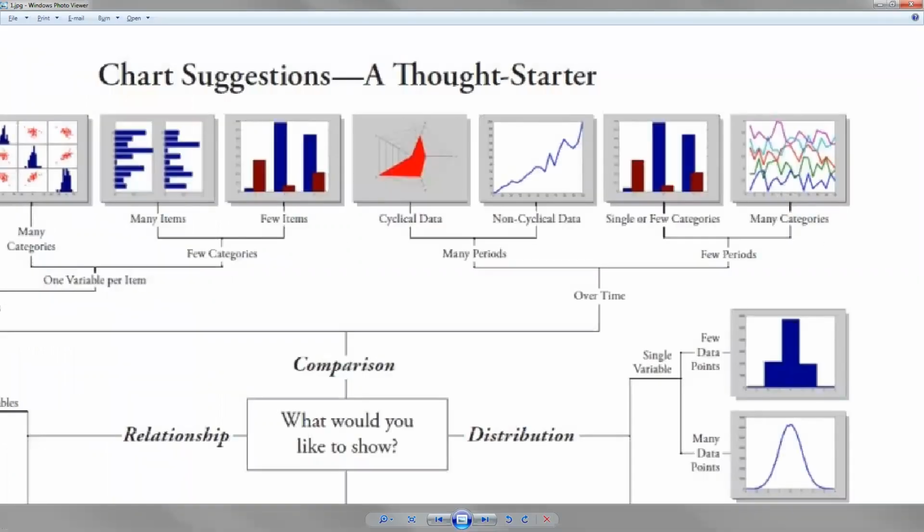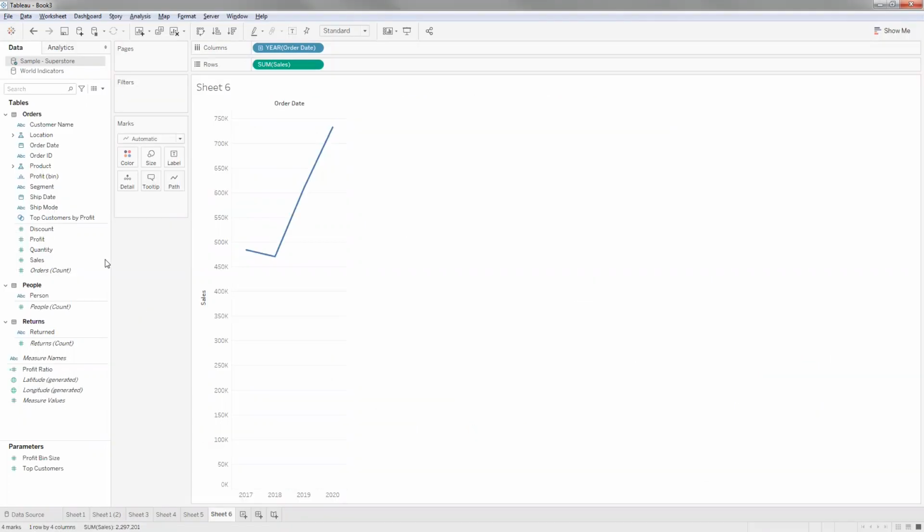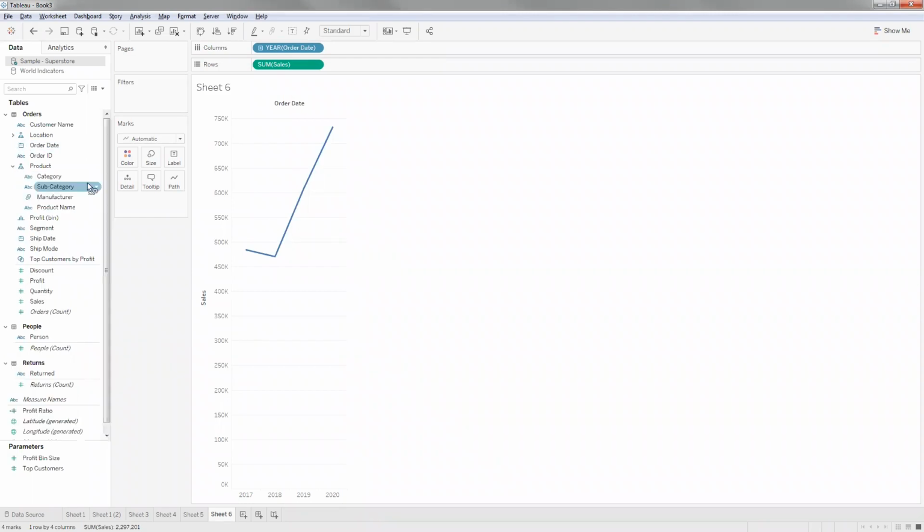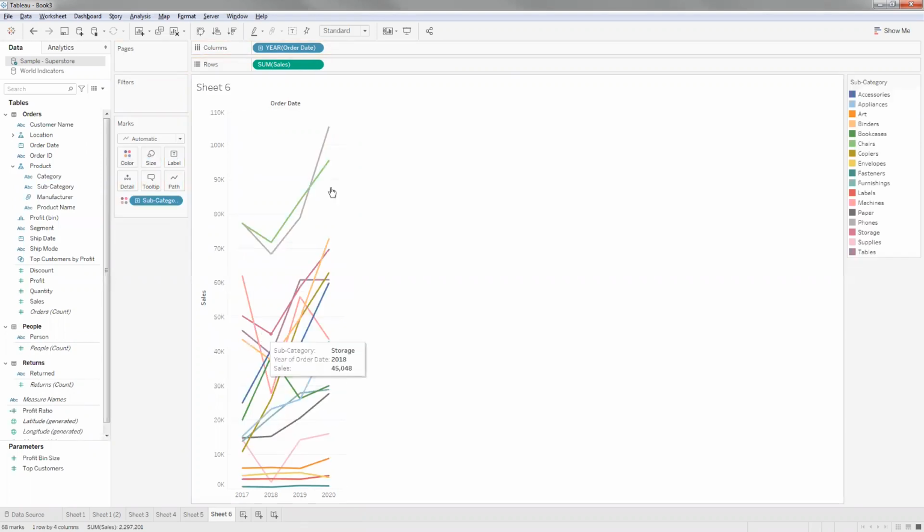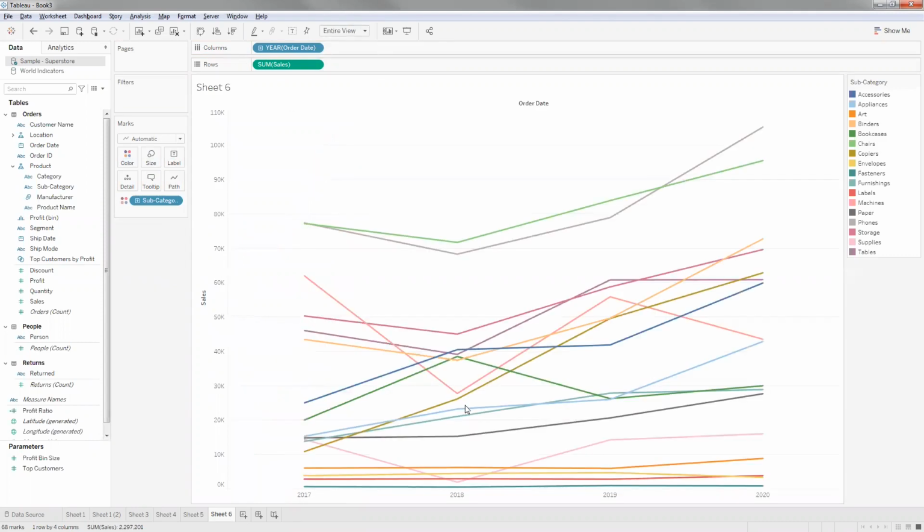Okay, so obviously it's simple to comprehend. So I'll just tag maybe the subcategory field into color. So that will give me, let me just fit the entire view. Yeah, so that will give me for each of the subcategories a single line across all these 4 years, saying how the sales have been going across.